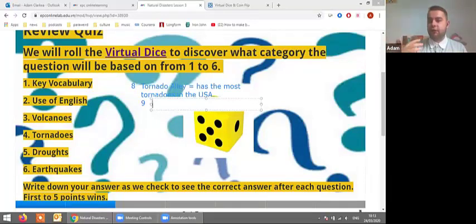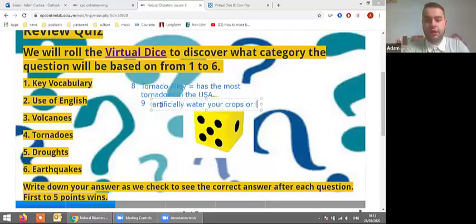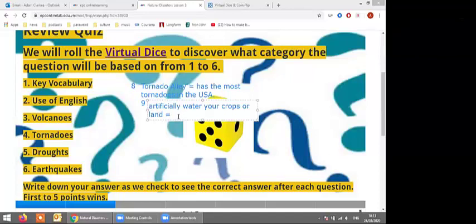It doesn't happen naturally. This word is when you artificially water your crops or land. You can take this water from a river, or you can take it from a lake and you artificially water your crops or land. This word begins with I.